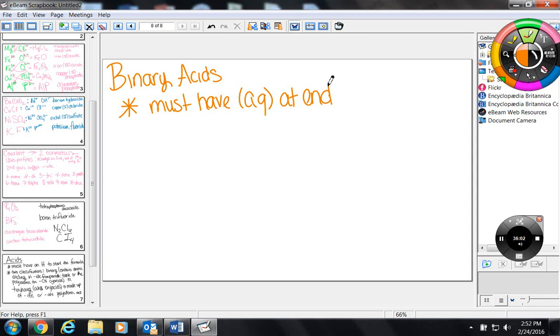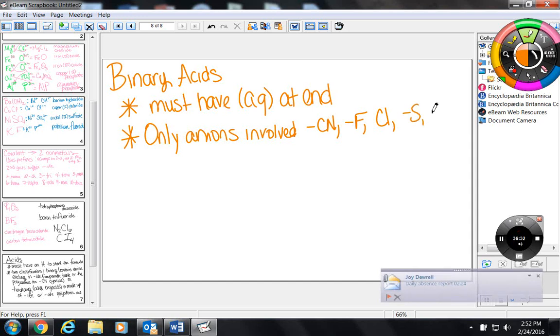It's just like with a transition metal ionic compound, where you have to have the Roman numeral. If you don't have AQ, I can name it differently. The only ions involved are CN, F, Cl, S, Br, and I.